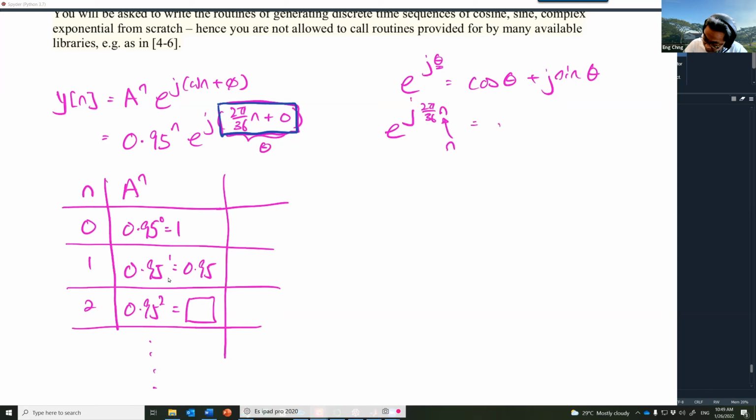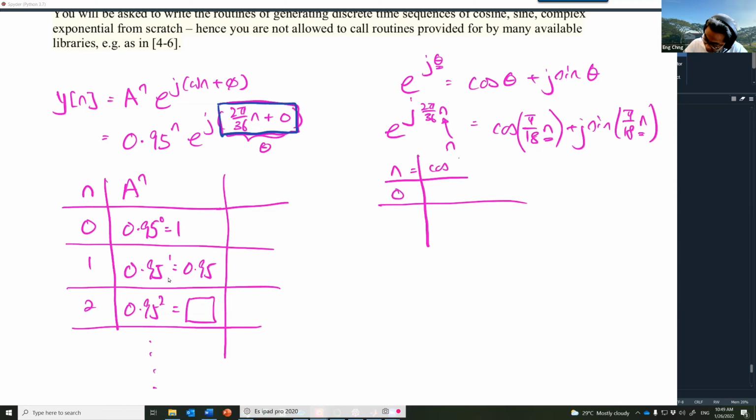All right, never mind. So it's cosine, cosine of π over, well, 2 over 36 is 18, n. Now put the bracket correctly so you won't be confused. Plus j sine π over 18 n. Now let's substitute with different n. So the first n, in this case, will be equal to 0 first.